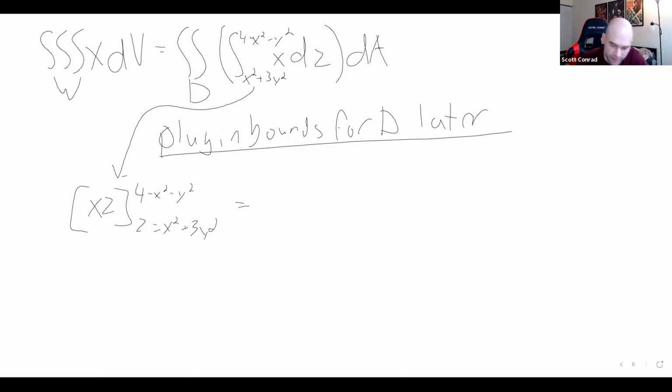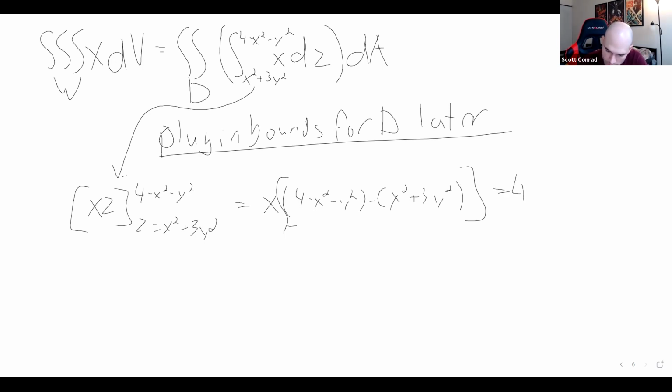So we can pull the x out. We have 4 minus x squared minus y squared minus (x squared plus 3y squared). So we get (4 minus 2x squared minus 4y squared) times x.